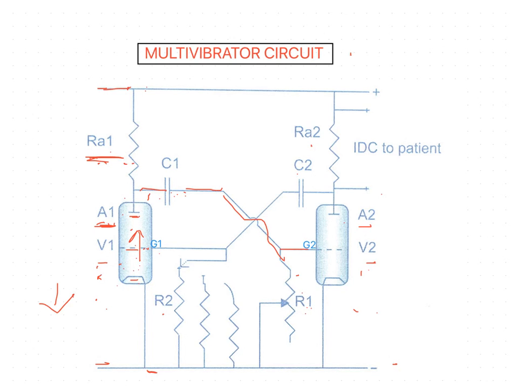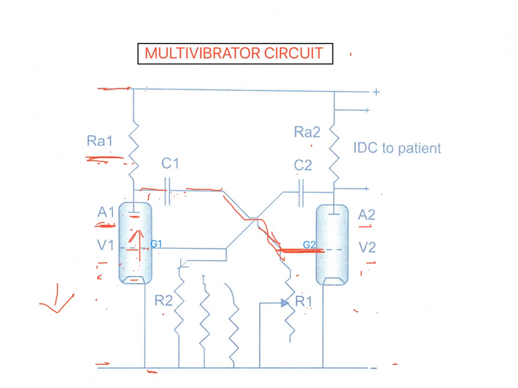So the positive is going to travel from C1 to grid 2. Then G2 is getting the positive charge. So what happens to the flow of current here? Because G2 becomes positive and anode becomes positive, the intensity of the flow of current is going to increase now here.